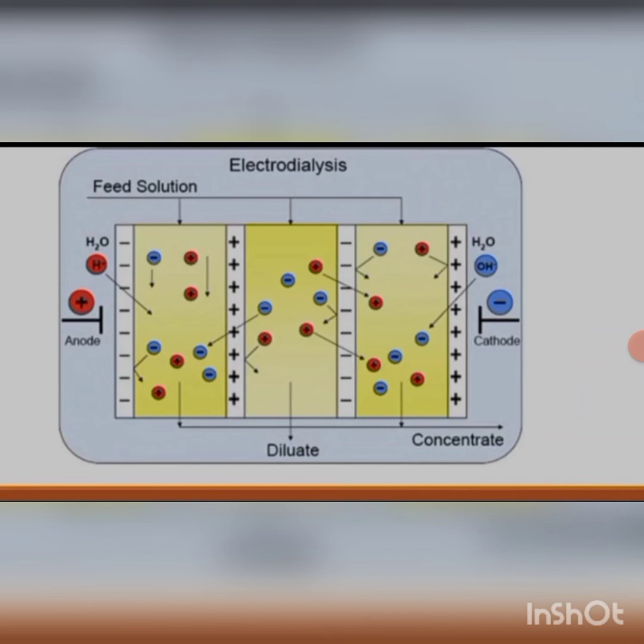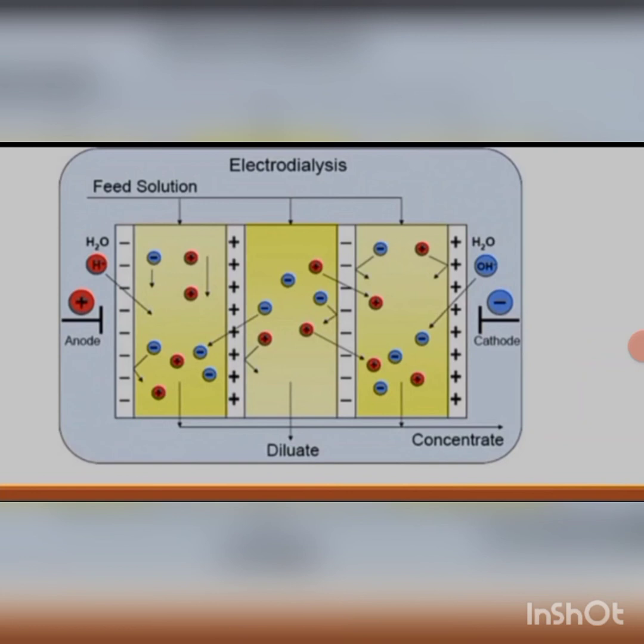Now, when current is passed through, ionization takes place and positive ions are repelled by the positive membrane. These positive ions can pass through the negatively charged membrane, that is the cation selective membrane, and migrate toward the cathode, that is the negative electrode.